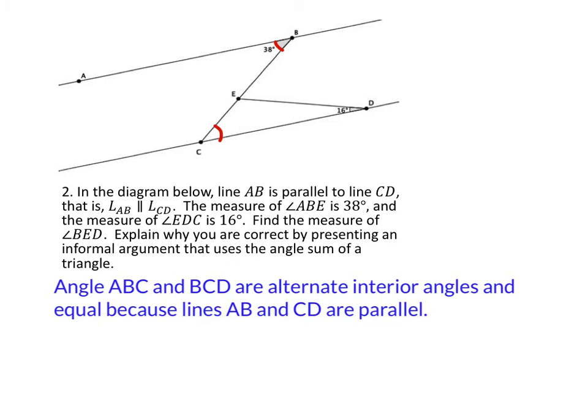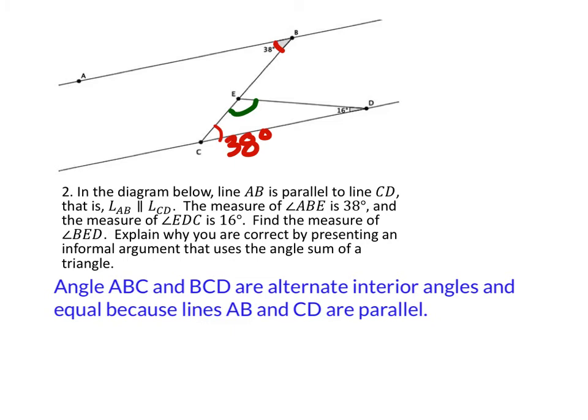Next, what we'll do is find the measure of this angle, angle CED, which is one of the hints it gave you on your paper, which is just using the angle sum of a triangle. So we know the angle ECD is 38 degrees there in red, because it's equal to this red angle at the top. So we add those two together.